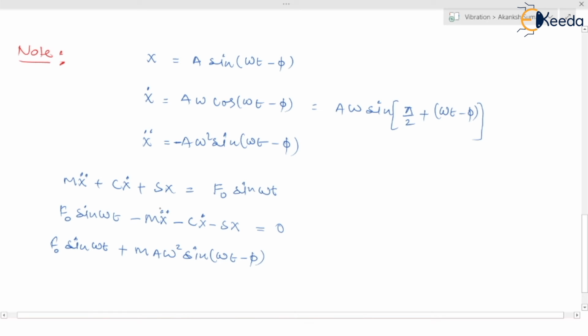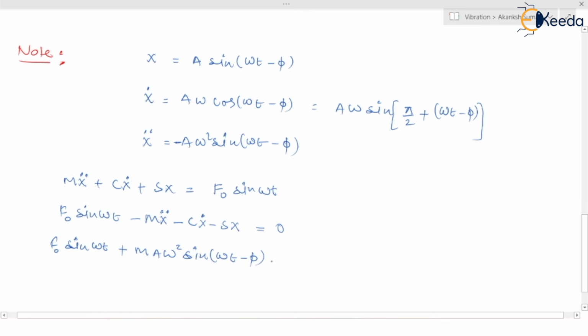Now you know that m x double dot is the inertia force. This complete term, m a omega square sin(omega t minus phi), represents the inertia force. And what would be the maximum value of the inertia force? Since the maximum value of sin theta is 1, it would be m a omega square. So m a omega square represents the maximum value of the inertia force.